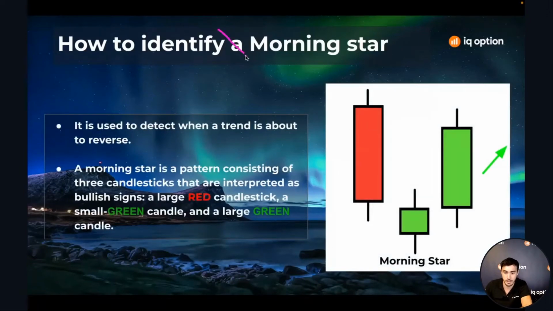This should be the price coming in a downtrend, gives us this red. Then a small green, like the market telling us we might have reached a dip, and we wait. If the next candle hits green, then we have this morning star formation, expecting the price to potentially go up.